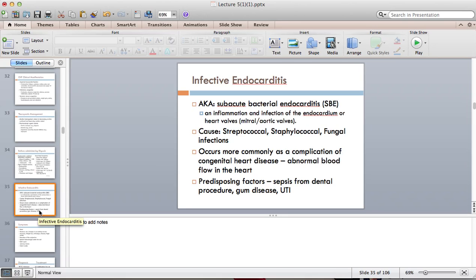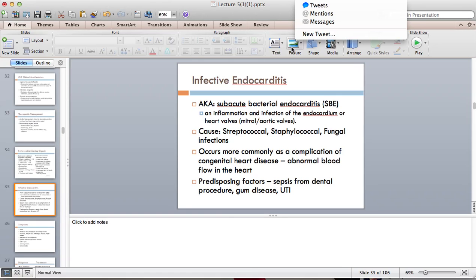All right. So, other things that can happen will be infective endocarditis, which is just some acute bacterial infection of the heart, and this can be from staphylococci or fungal infection. Sometimes it can occur when there is a congenital heart problem, because of that problem the heart is not able to move blood around.